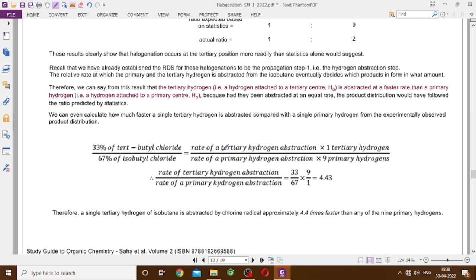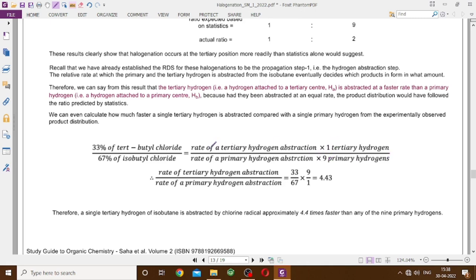If this is true, then for 33% tertiary butyl chloride and 67% isobutyl chloride, the ratio of them is equal to the rate of tertiary hydrogen abstraction multiplied by the tertiary hydrogen number, that is 1, over the rate of primary hydrogen abstraction multiplied by the number of primary hydrogens, that is 9.